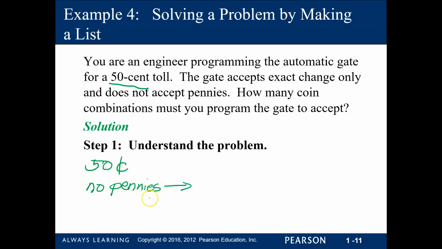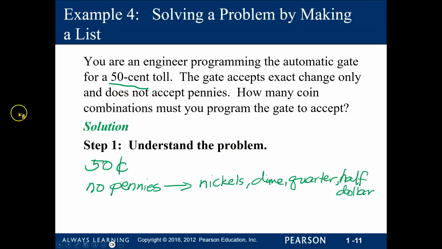If there are no pennies, the next options would be nickels, dime, quarter, and then you also have your 50 cents, or your half. Definitely $1 will not go because we are only allowed to pay 50 cents for the toll.